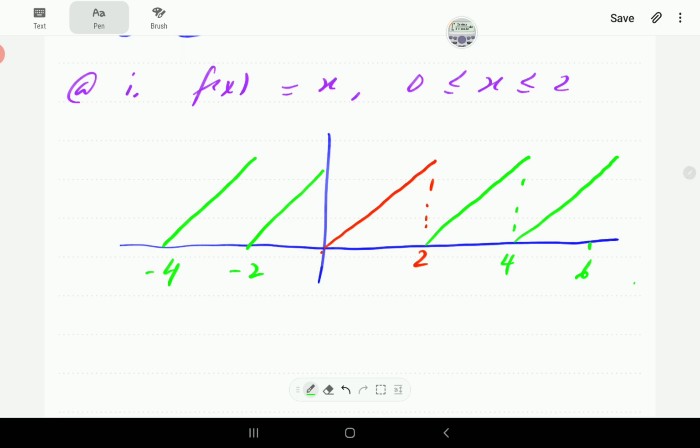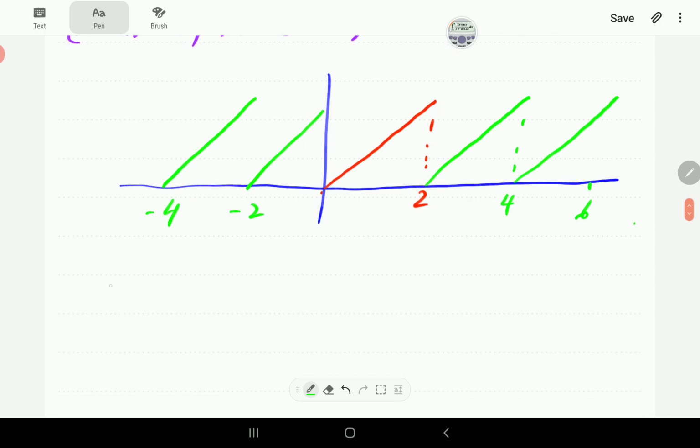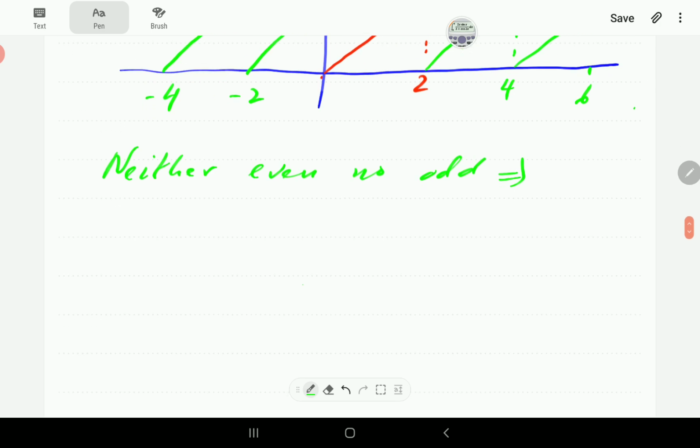It's not odd either, because for odd you reflect it here and then here, so it's going to go there and then there. So this extension is neither even nor odd, which means we expect some cosine terms and also some sine terms.